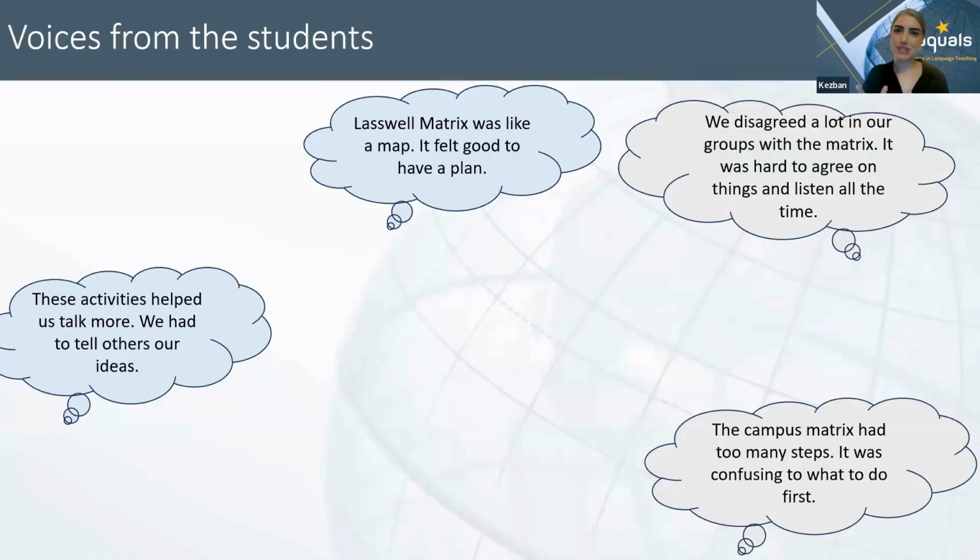But I like this one because the whole purpose is to get them to disagree at certain points so that they could have this real authentic chance to communicate, to make compromises, to listen to each other and be involved in that real communication, to listen and to think critically about the proposals by different people. And they said it was hard to agree on things and listen all the time. Yes, they were supposed to listen all the time to be able to complete the tasks.